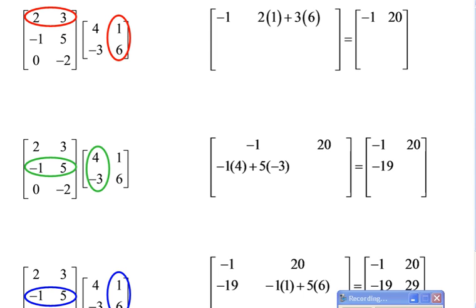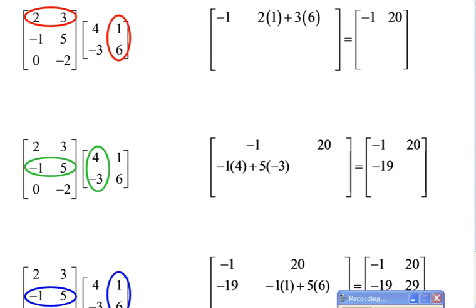The next step is then you take the second row in the first matrix. You have negative 1 times 4 plus 5 times negative 3, which is negative 19. And it will always go second row, first column, second row, first column.